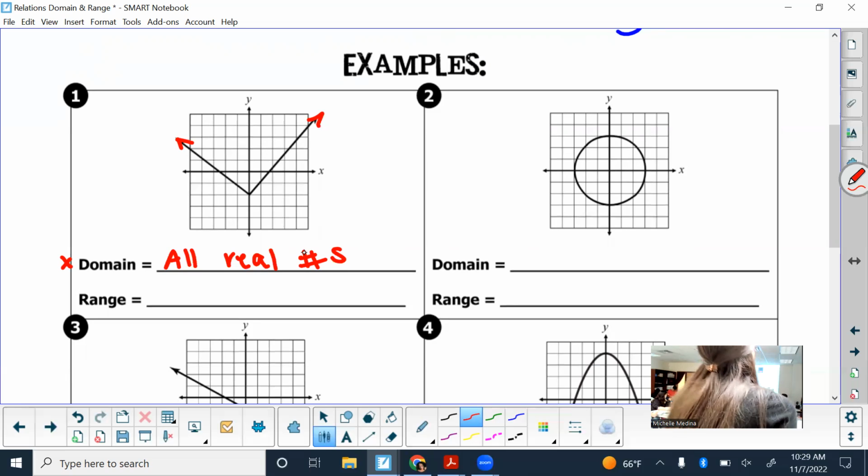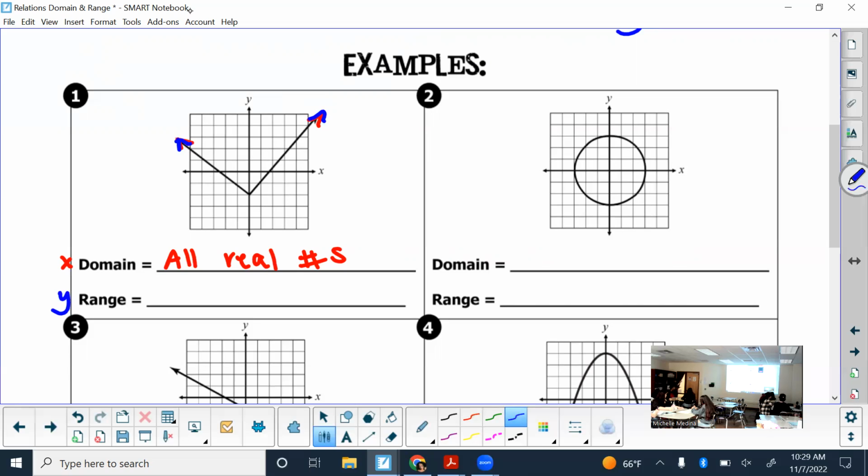Okay. For the range, we scan what axis? So from top to bottom on our y-axis. Now, does it look like the graph will go infinitely upward? Yes, because these arrows, don't they point upward too?